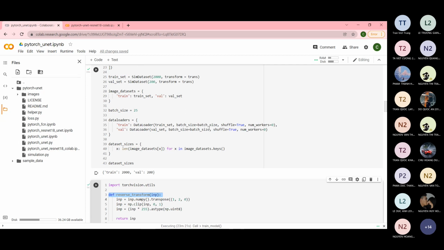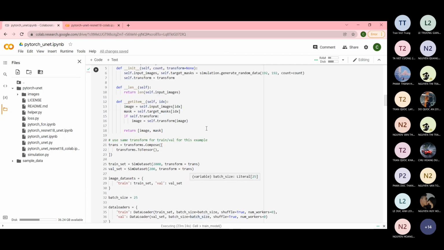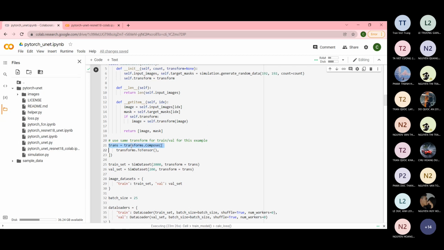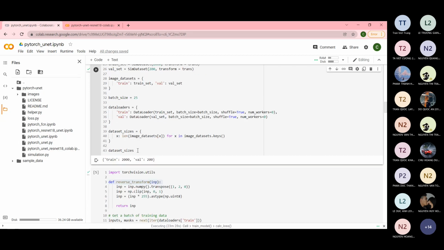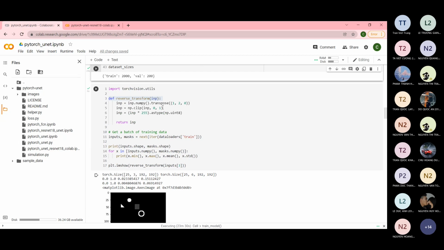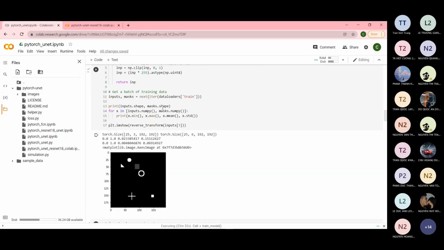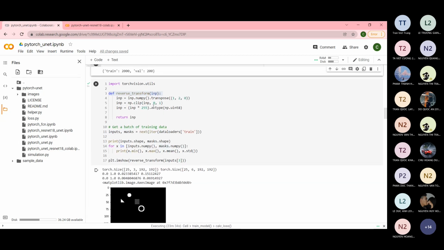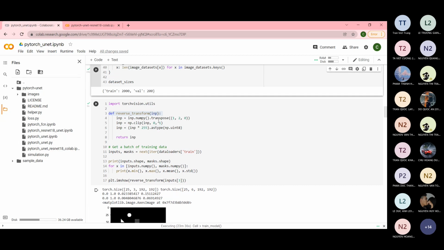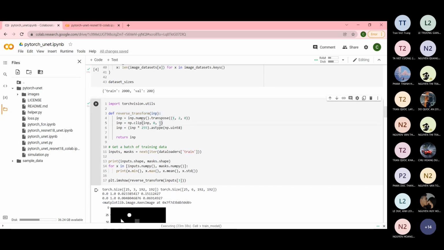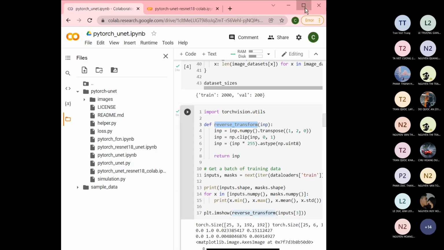Where is this? The transform here. Yeah, because I think that the generated image will have grayscale, I mean not color images, so we try to reverse the grayscale images to color images with this function.